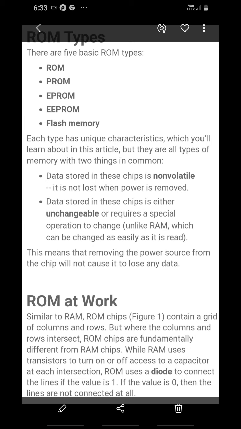ROM at work. Similar to RAM, ROM chips contain a grid of columns and rows, but where the columns and rows intersect, ROM chips are fundamentally different from RAM chips.